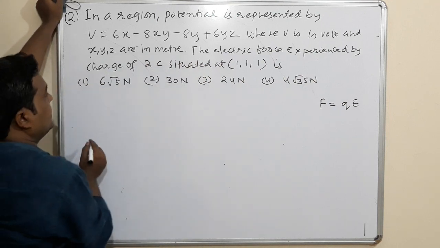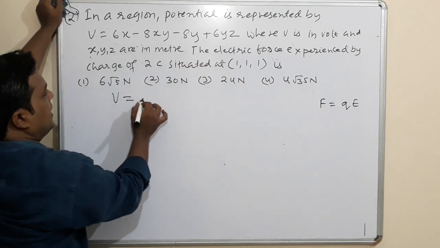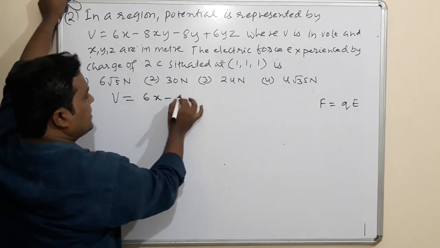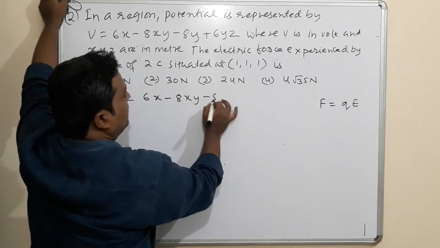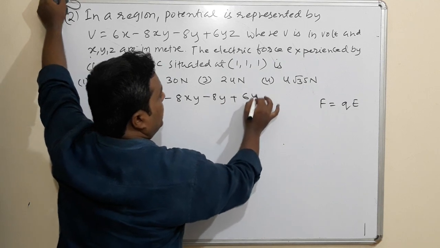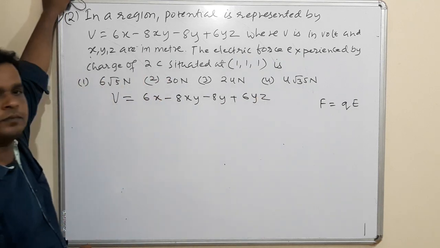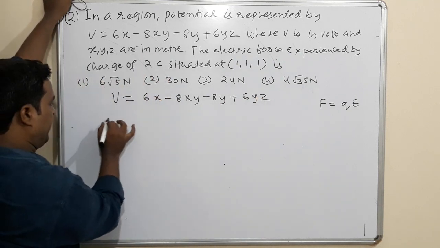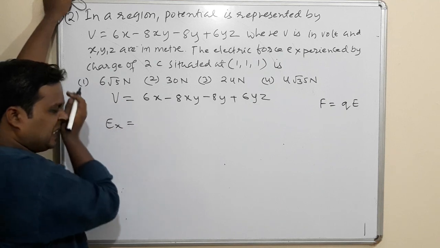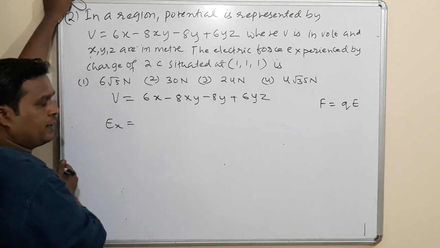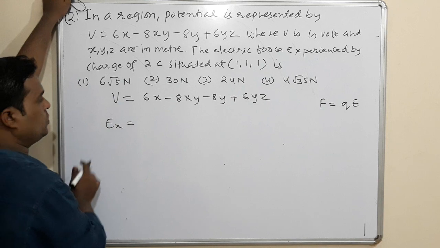Now you see, potential function is like this: 6x minus 8xy minus 8y plus 6yz. Then we will find the components of electric field. At last we will find the magnitude of it. Ex is equal to, what is Ex?